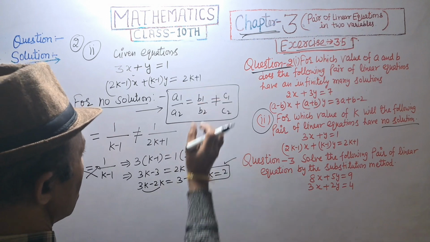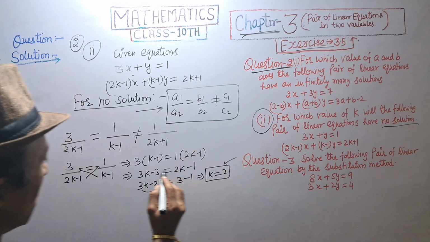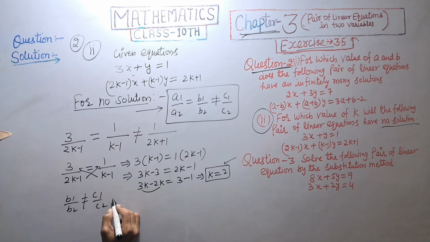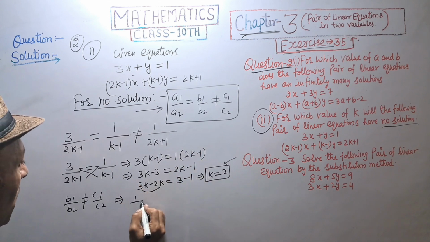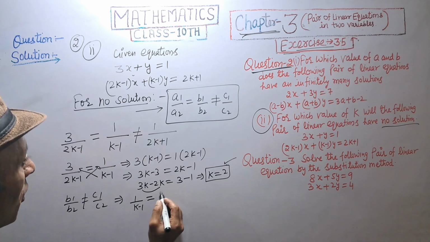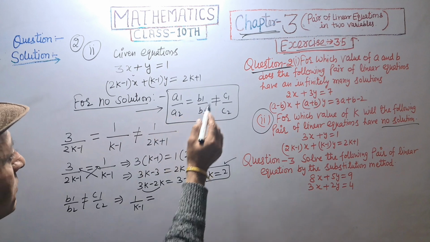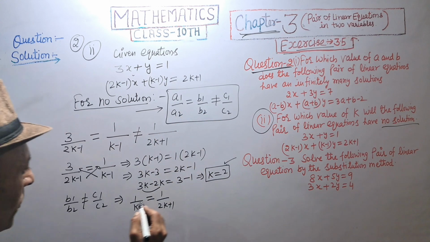But a1 upon a2 equal to b1 upon b2 gives the value of k as 2. Now b1 upon b2 is not equal to c1 upon c2. This implies 1 upon k minus 1 is not equal to 1 upon 2k plus 1.